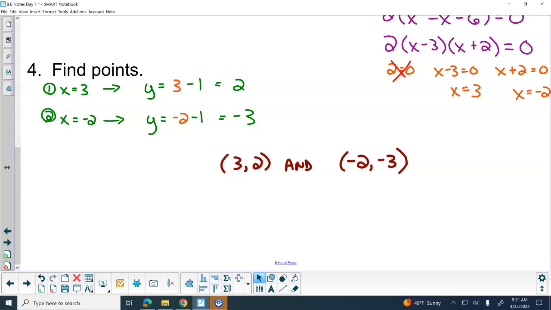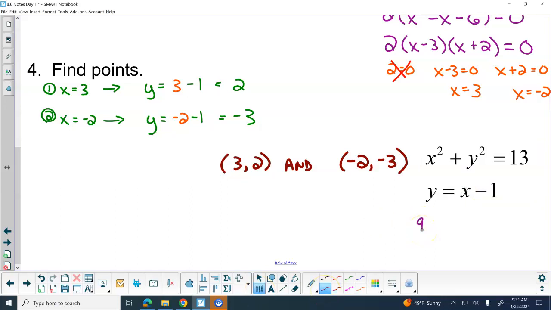Let's do it the old school way. So 3 squared is going to be 9. 2 squared is going to be 4. 9 plus 4 is 13.